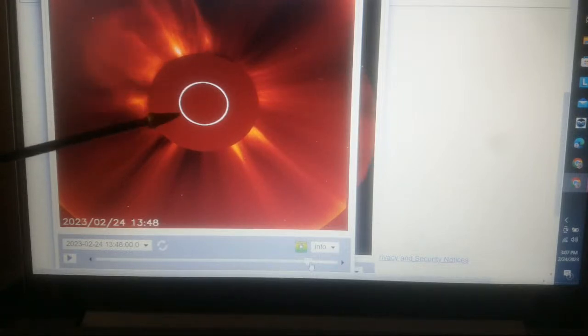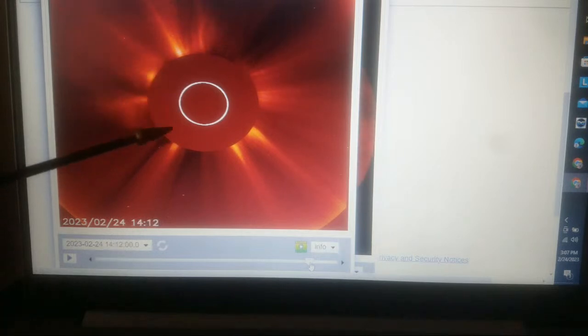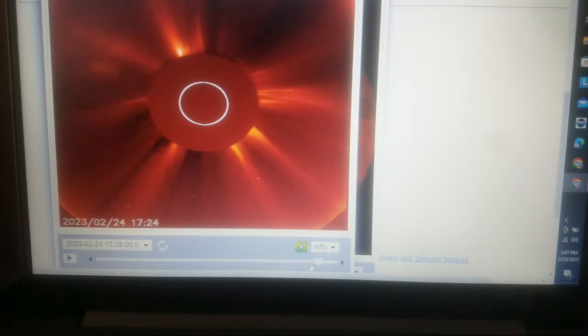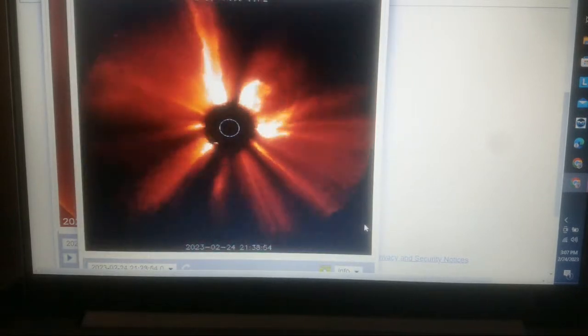I want you to look at the positioning of this, okay, and see the object and its trajectory. It's moving towards the camera, but to the left and just behind us, okay? So, to the left, just above and behind us, okay? Now, let's come over to STEREO A so we can use our difference to compare.